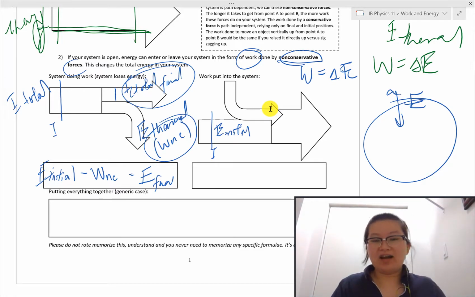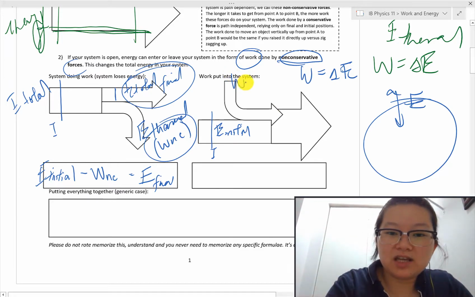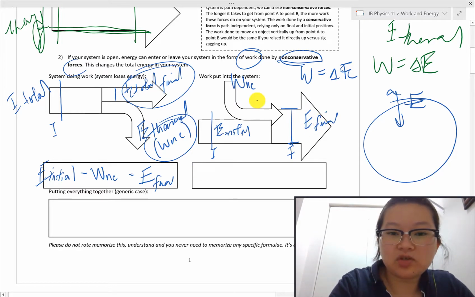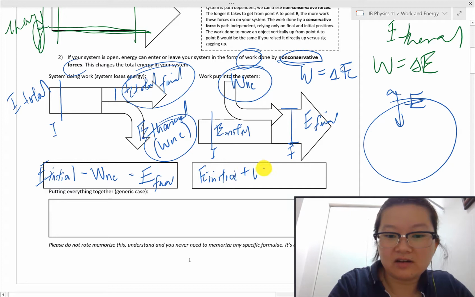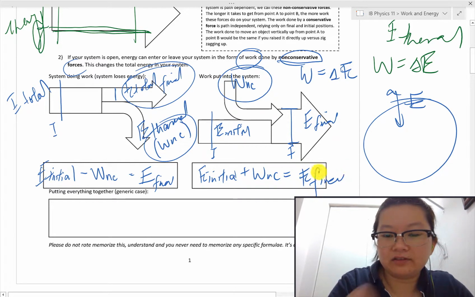Now, when that happens, energy goes into my system, in which the total energy I have at the end is going to be larger than what I had in the beginning. So in this case, I'm going to add the work done to my system in my initial state over here, and that's going to result in a larger E final, okay?